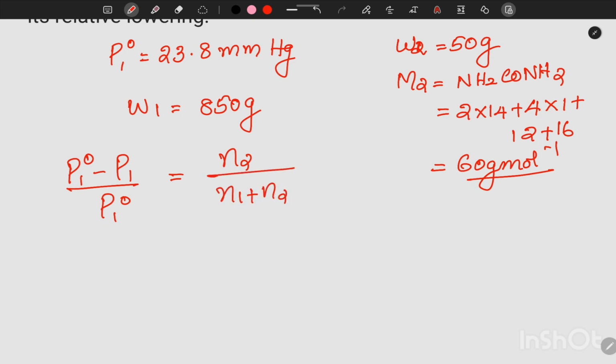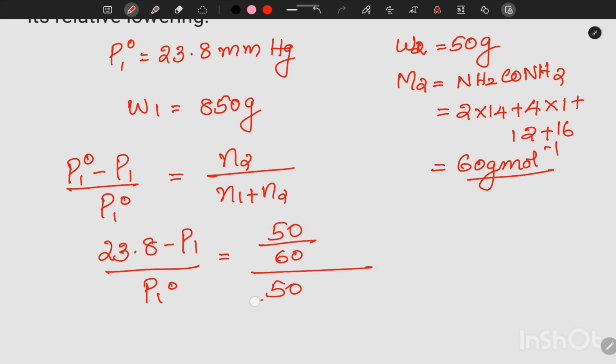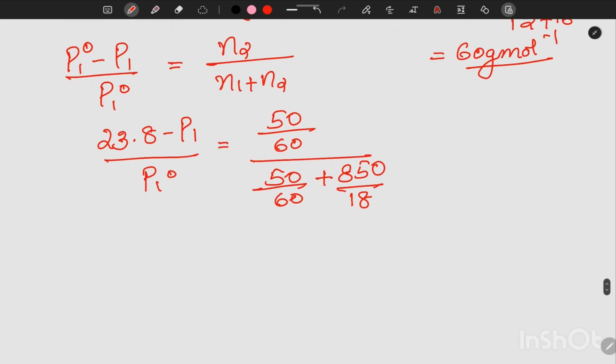So P10 is given as 23.8, minus P1 by P10 is equal to 50 by 60 divided by 50 by 60 plus 850 by 18. So when we simplify this, we will get 0.017.